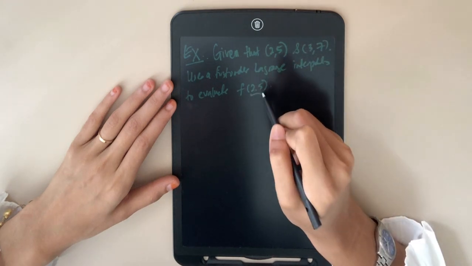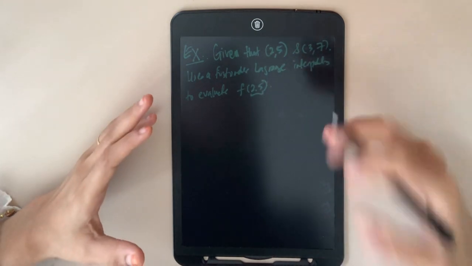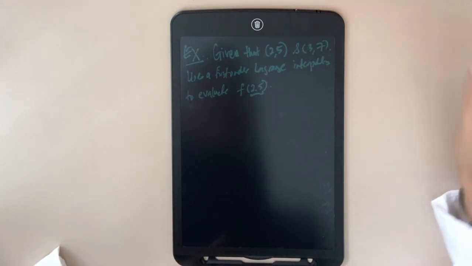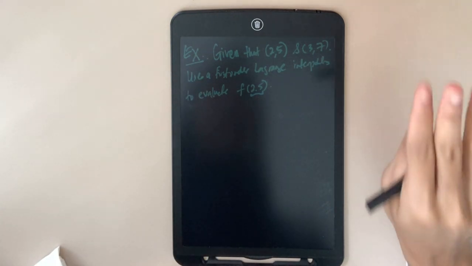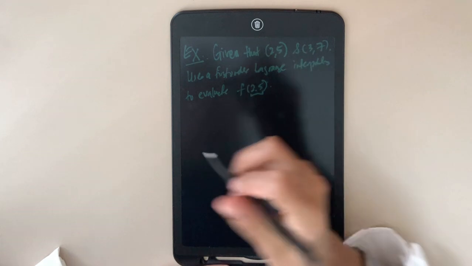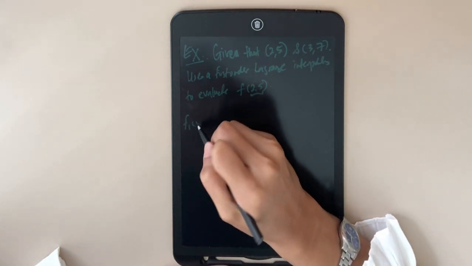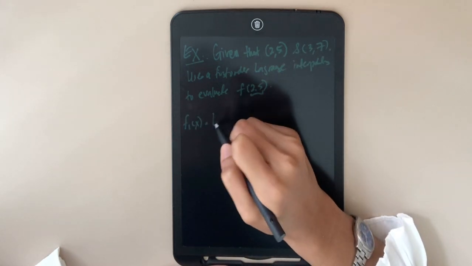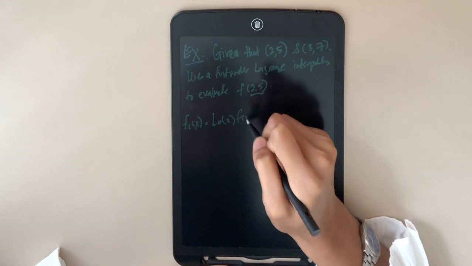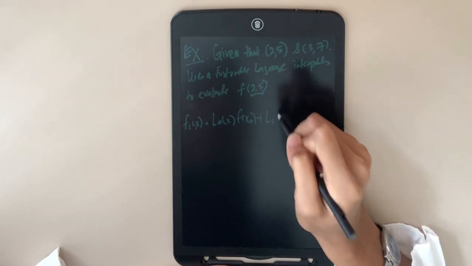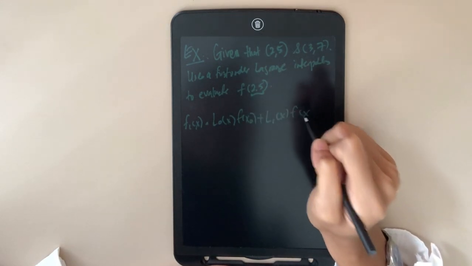So 2.5 here is your x. You have two data points and the question asks you to find linear. So the equation for linear is f1(x) = L0(x) f(x0) + L1(x) f(x1).